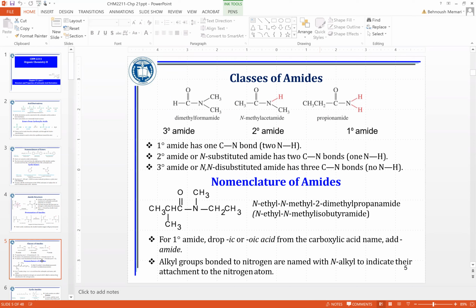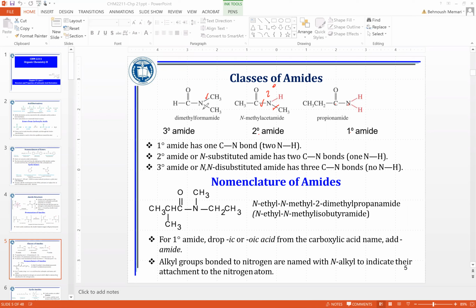About the classification of the amide, I did mention it. If you have one CN bond, it is going to be primary, and if the hydrogens from the NH2 are replaced by more alkyl groups, then you would see an increase in the degree. So you have a secondary here, because you have one and a second CN bond.